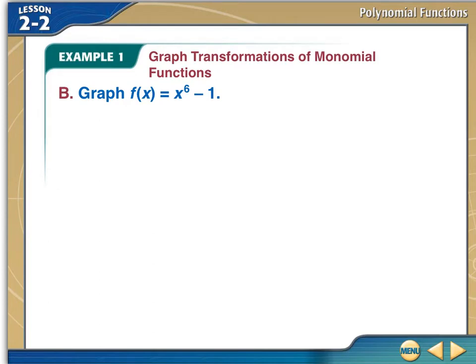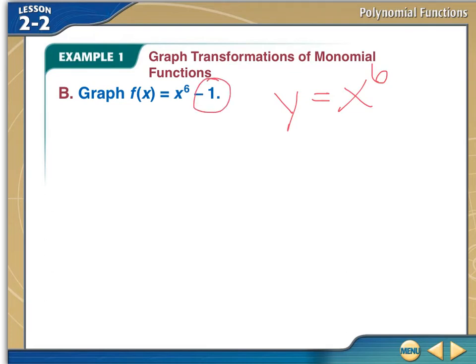In example B, we're asked to graph the function f of x equals x to the 6 minus 1. The parent function of x to the 6 minus 1 is just the monomial x to the 6. So we are going to graph both functions, y equals x to the 6th and y equals x to the 6 minus 1.